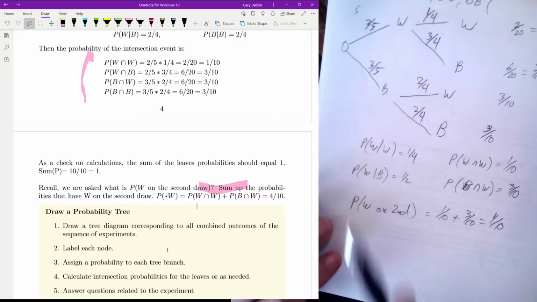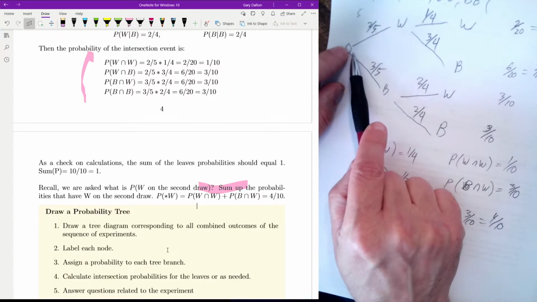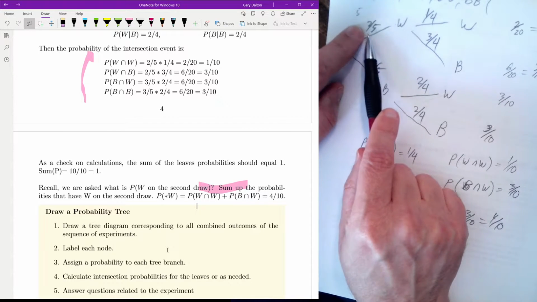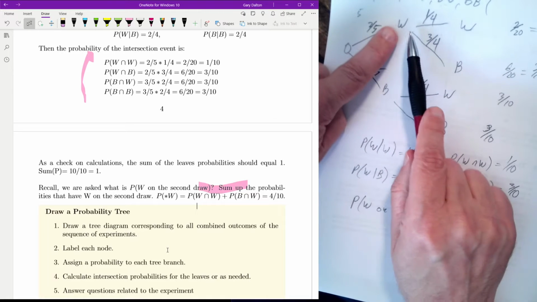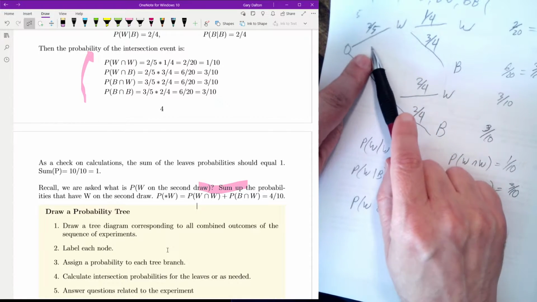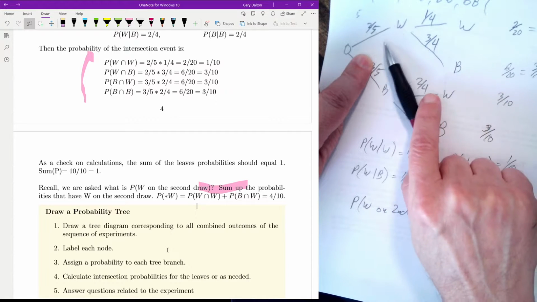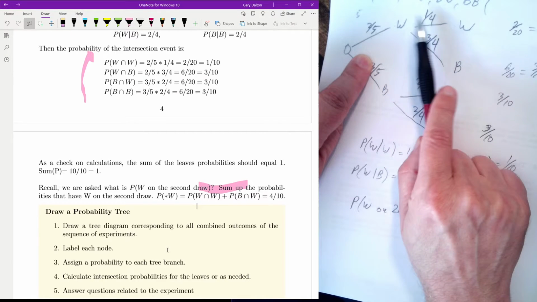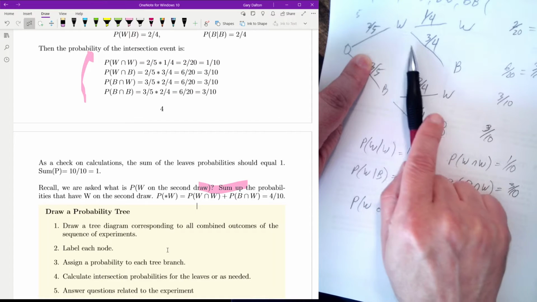Then we assign probabilities to each branch, starting at the root, if possible, and then going from there. These are conditional probabilities, and then we calculate the intersectional probabilities via multiplication, 2/5 times 1/4, 2/5 times 3/4.